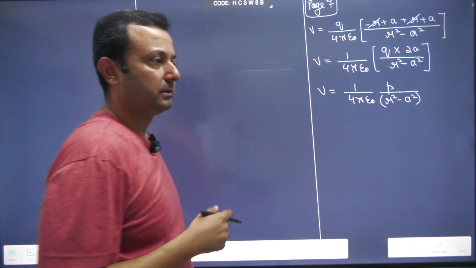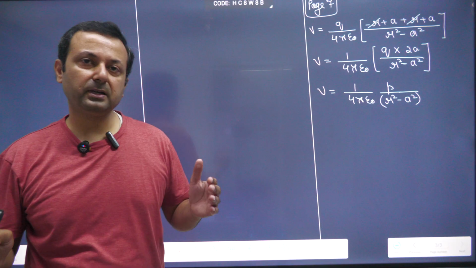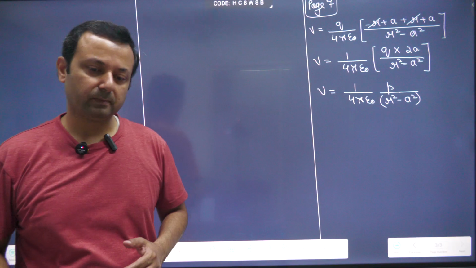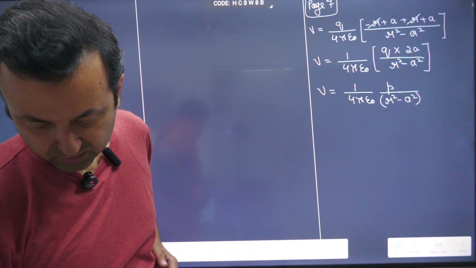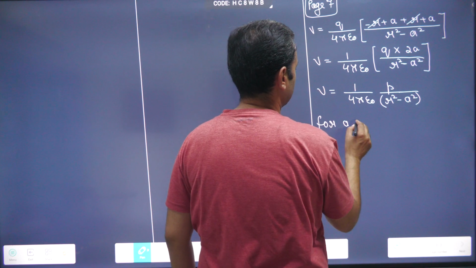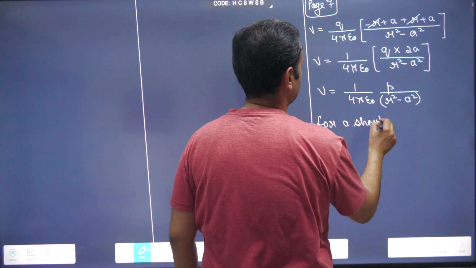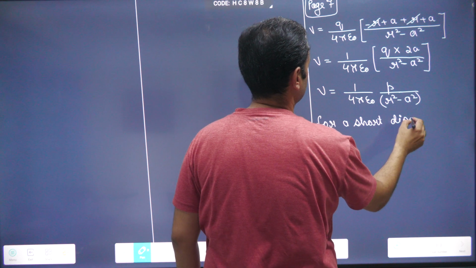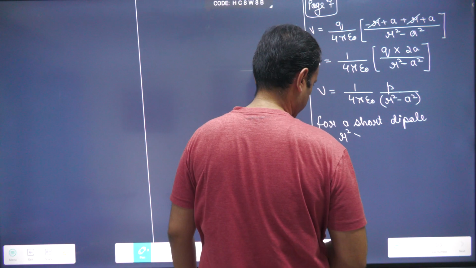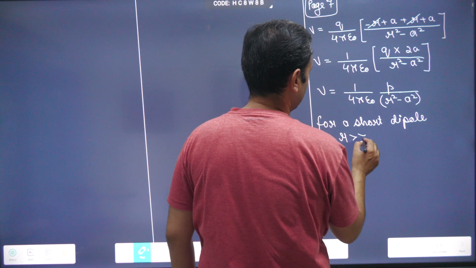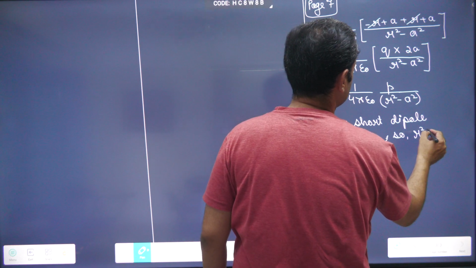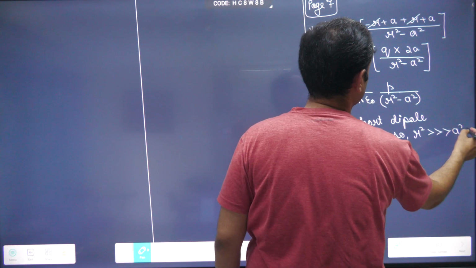And as I know, this distance r is very much greater than the dipole length 2a. So r is very much greater than a. For a short dipole, r is very much greater than a, so r square is further very much greater than a square.